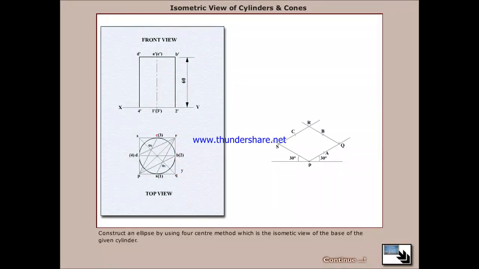Construct an ellipse using the four center method, which is the isometric view of the base of the given cylinder. Now construct an isometric box of height 60 mm.